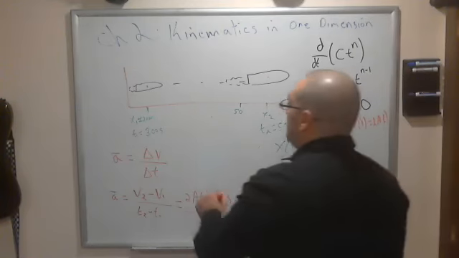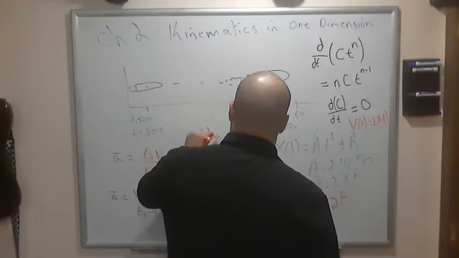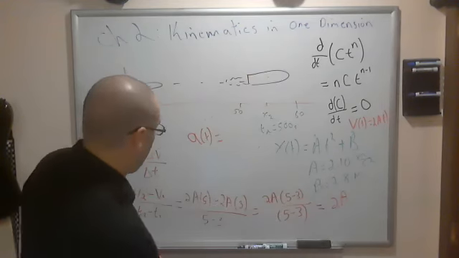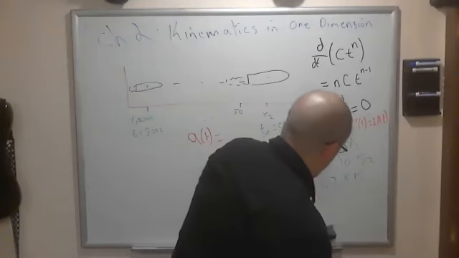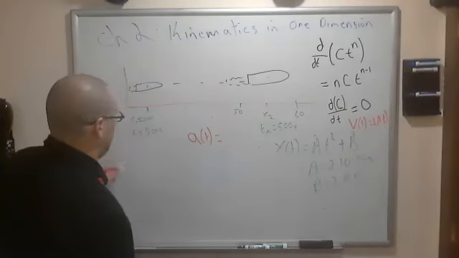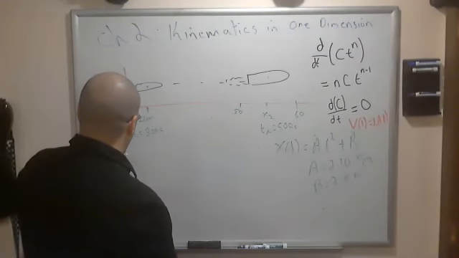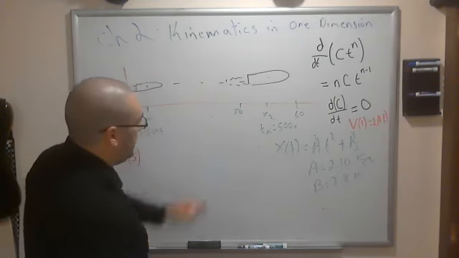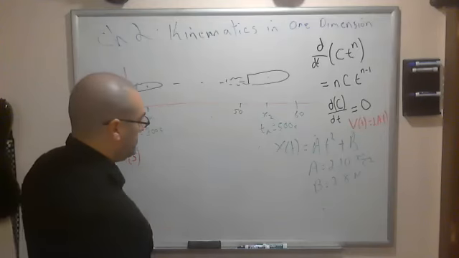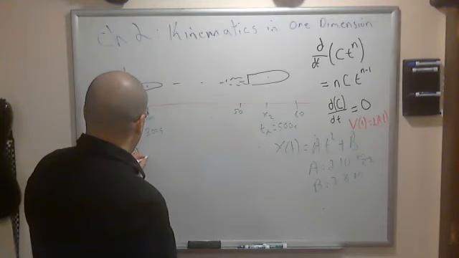So what's the instantaneous acceleration? How do we calculate that? The second derivative. That's right. It's the second derivative of the position. Let's figure out what it is at 5 seconds, since we calculated the velocity at 5 seconds.